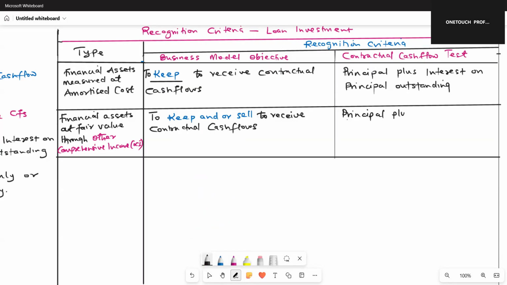So this one is also principal plus interest on principal amount outstanding.